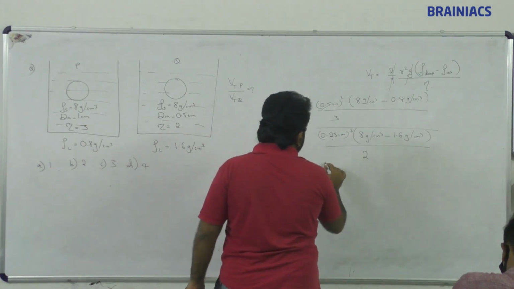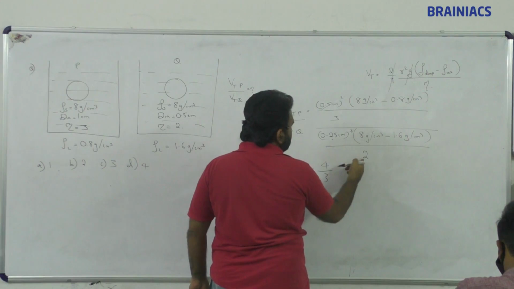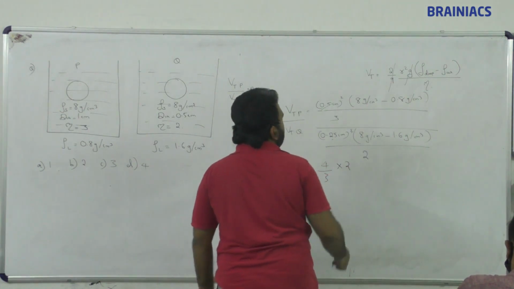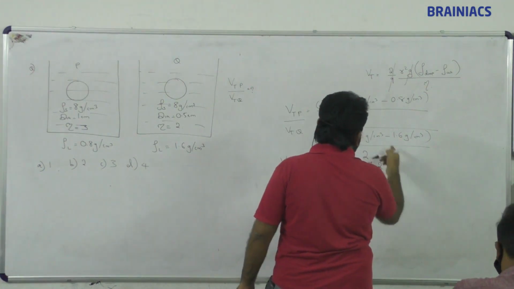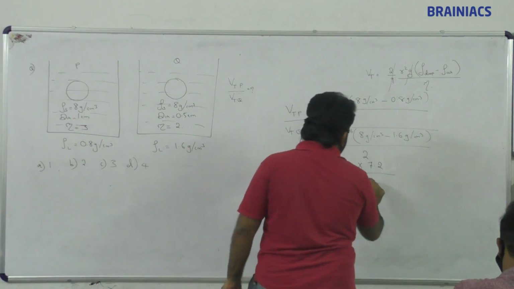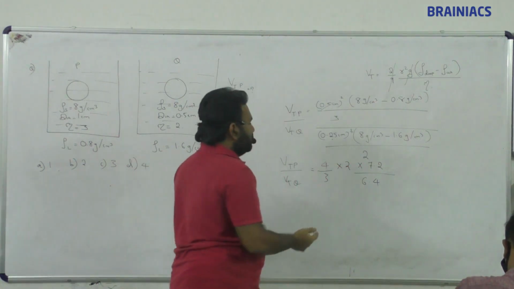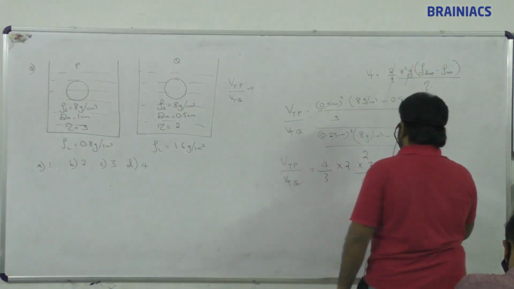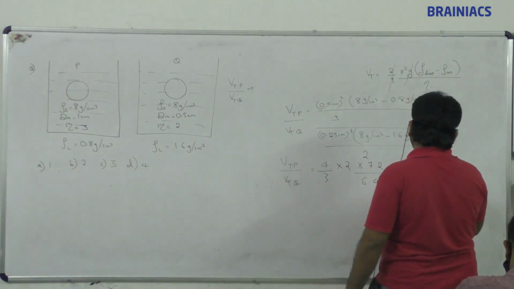So here this will become 4. This 3 will be there. This 2 can be put there. Now what about this one? 7.2. What about this one? 6.4. So if we calculate this, what are you getting? 3. Yes, 3. This is the correct answer.